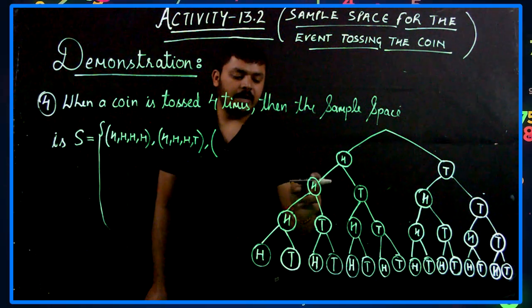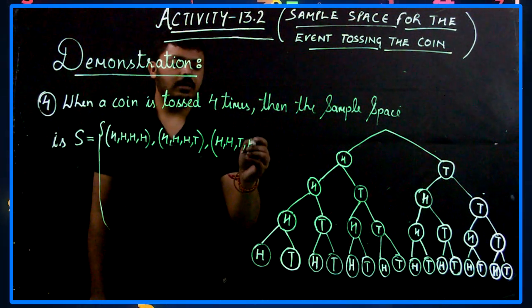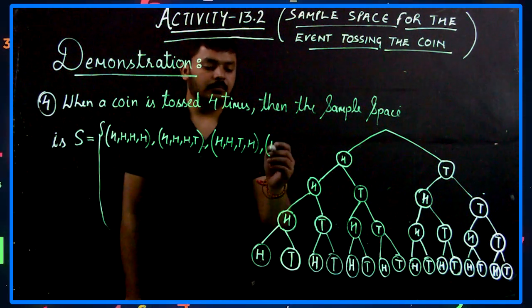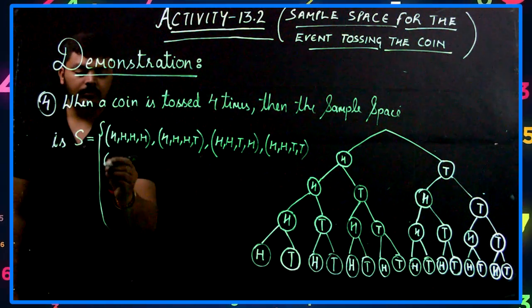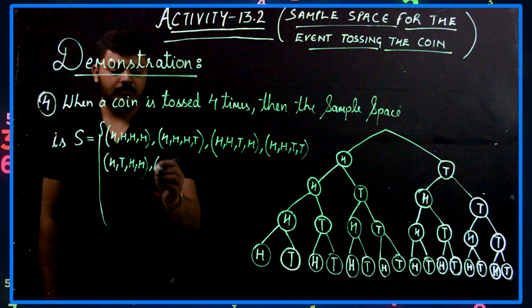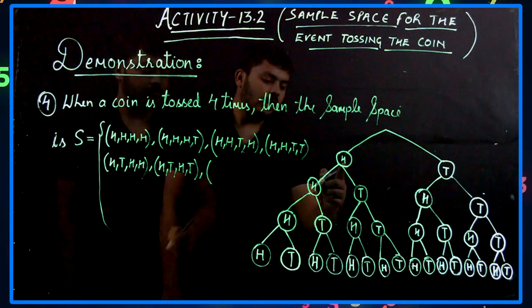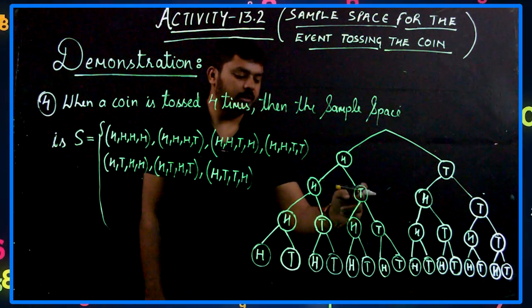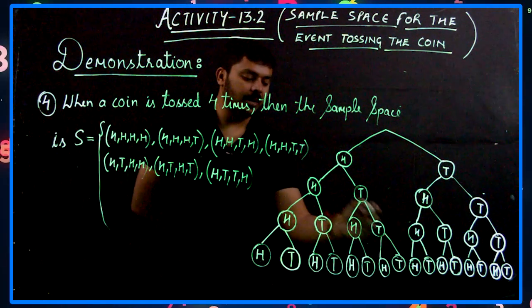Second, HHTH, HHTT, HTHH, HTHT, HTTH, HTTT. That is 1 time head and 3 times tails.